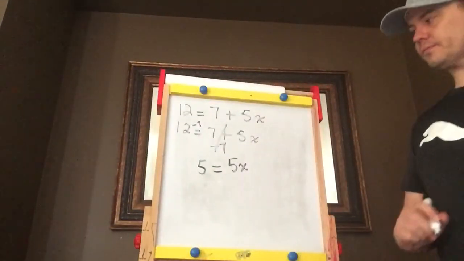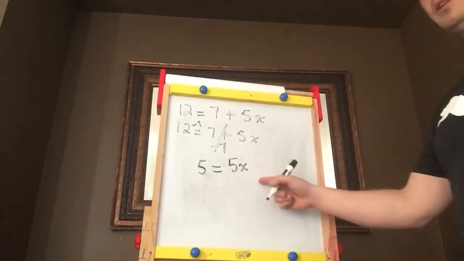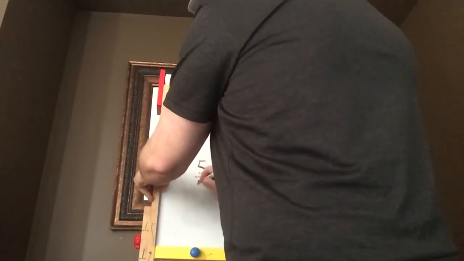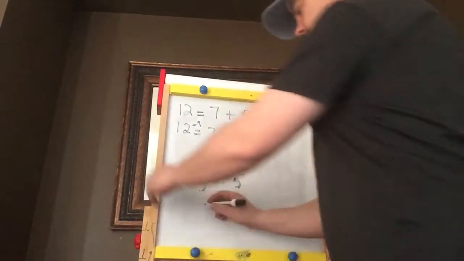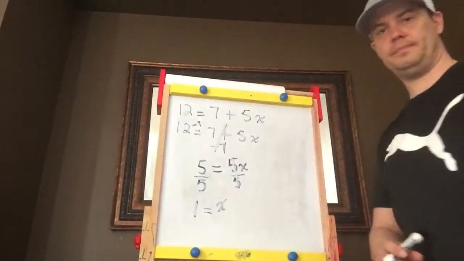Okay? Get rid of the 5. This is multiplication, so we need to get rid of that 5 with the x, and in order to do that we divide. It's the opposite of multiplication. Do the same to the other side. 5 goes into 5 one time, so 1 equals x.